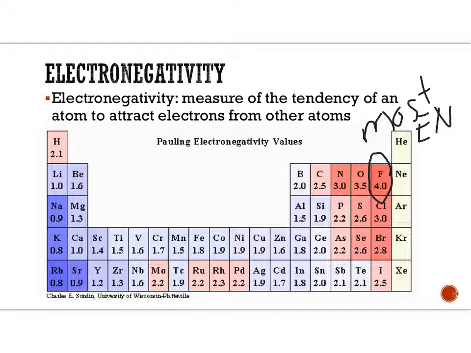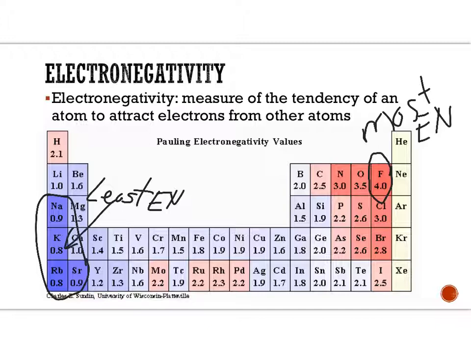Now, if you look on this periodic table, where's the least electronegative? Well, least electronegative is over here, specifically rubidium and potassium. That means they don't really attract electrons from other atoms.